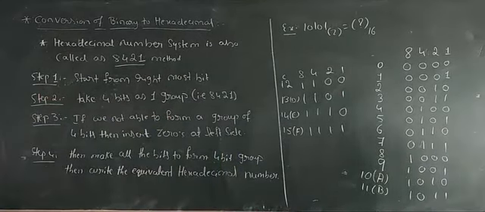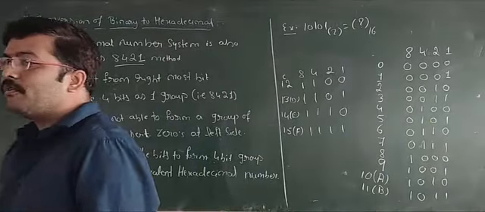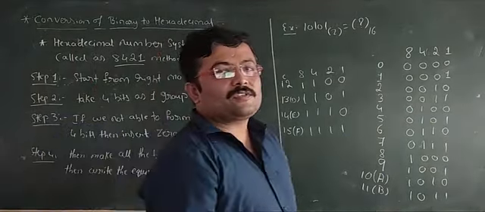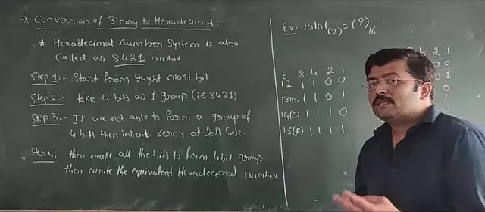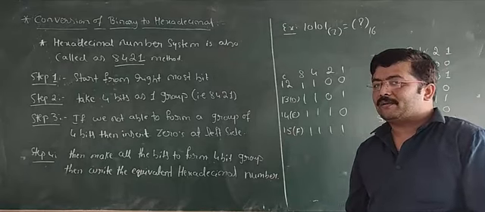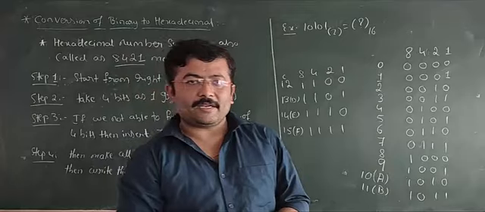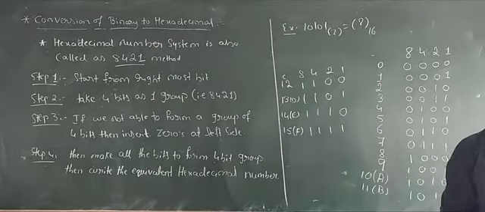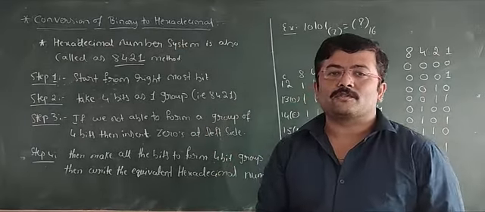In the previous conversion, the octal number system consisted of only 3-bit numbers because it is the 4 2 1 method, so I took only 3 values. But hexadecimal is the 8 4 2 1 method, so it consists of 4 bits because it contains 0 to 15 values.